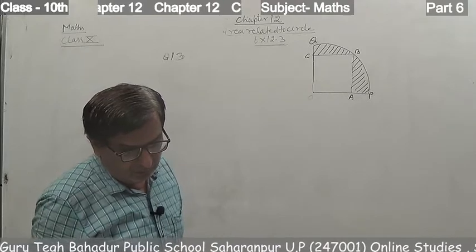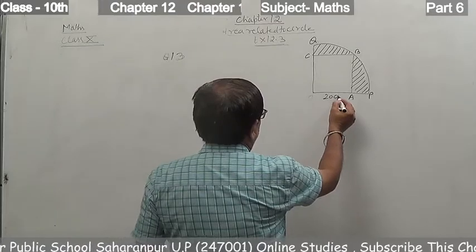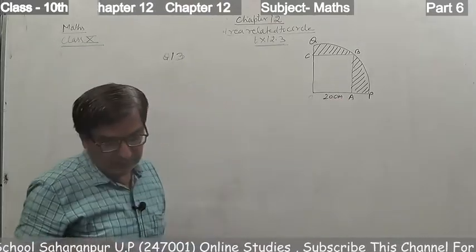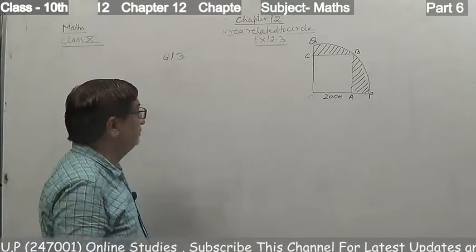Given that OA is 20 centimeter, this is your 20 centimeter. Find the area of shaded region.